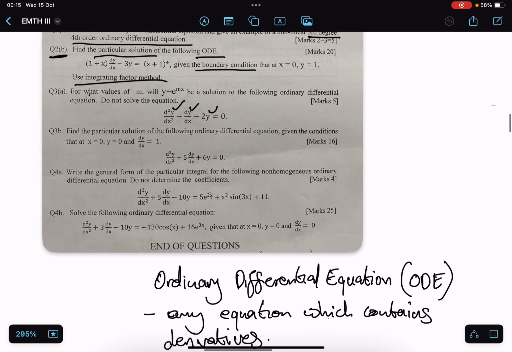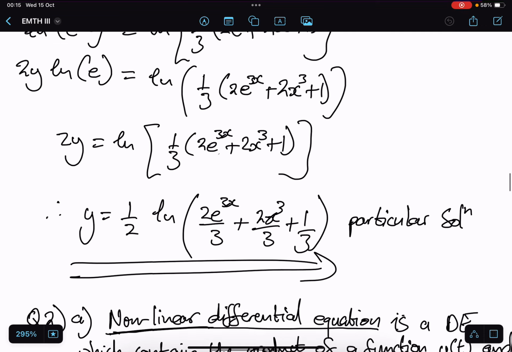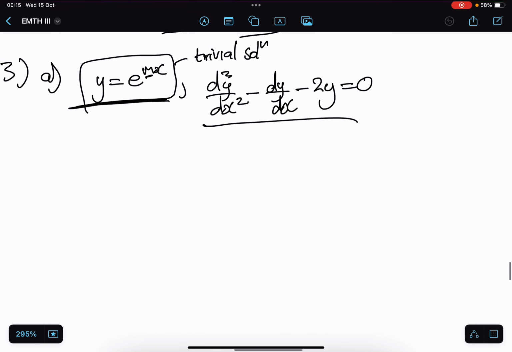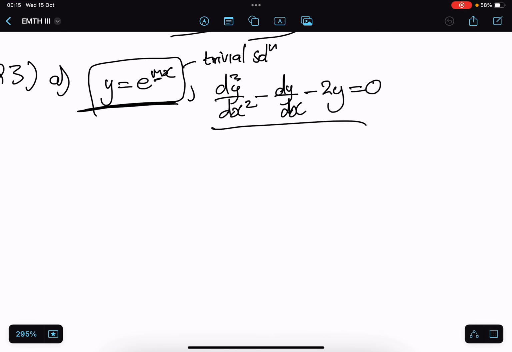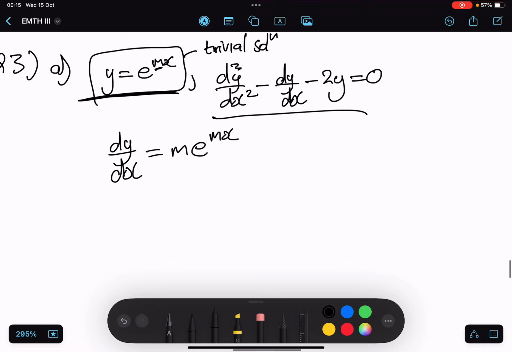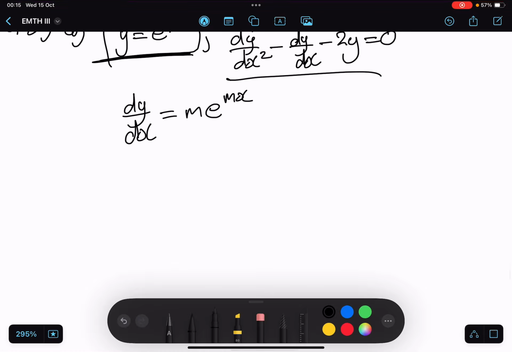So we are going to have dy/dx is equal to m e^(mx). That's the first derivative. And then we are going to find the second derivative, d²y/dx², which is going to be m² e^(mx).